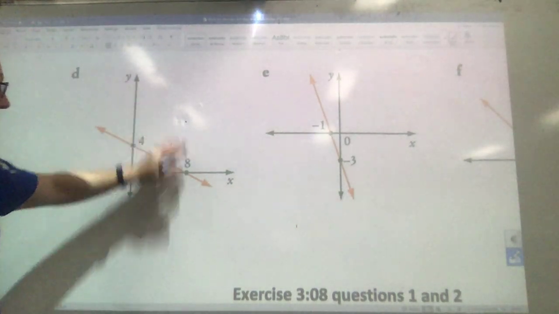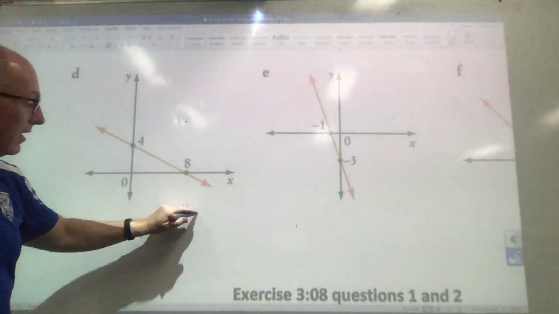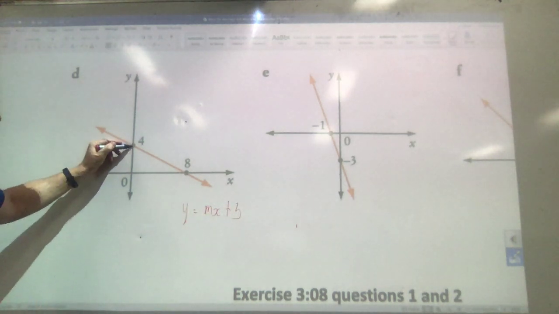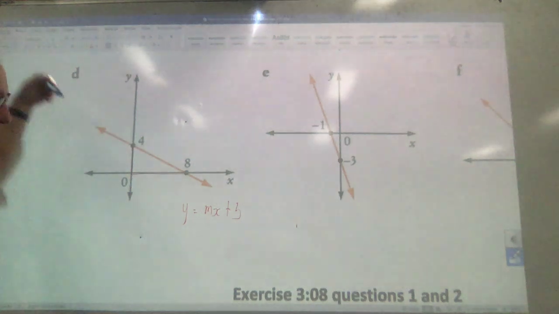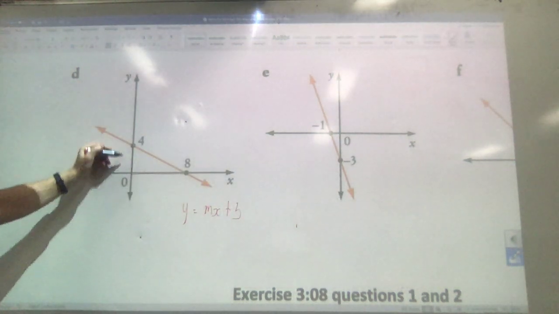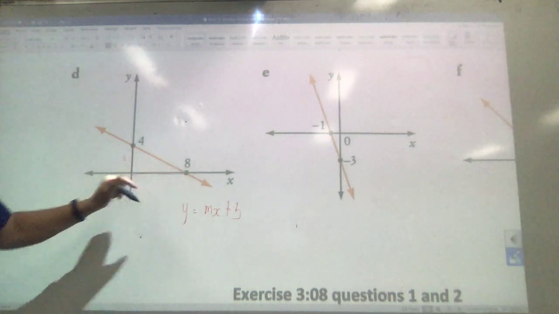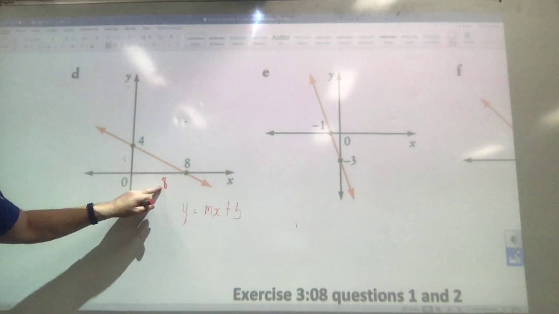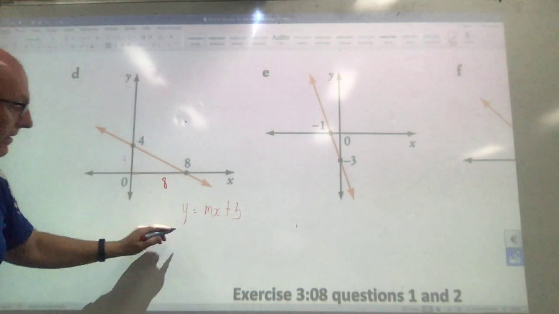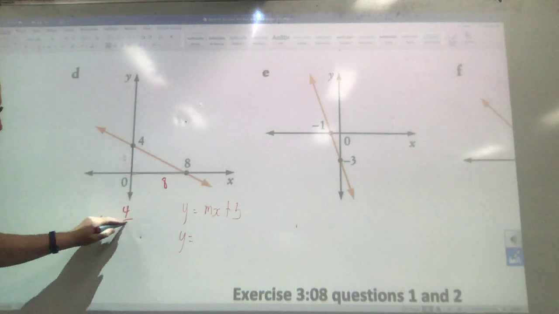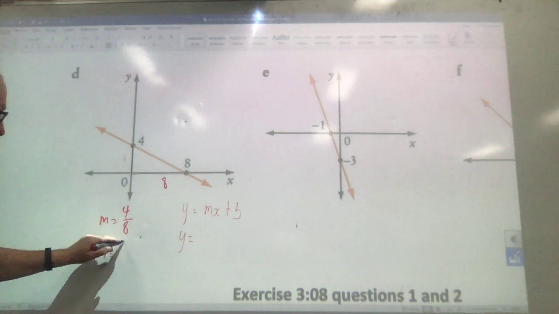Okay, so we want to find the equation of that line there. y equals mx plus b. The gradient we do first. Remember the line is going down, so it will have a negative gradient. Rise over run, so it's gone up 4 and across 8. So 4 over 8 is the same as a half. So gradient is 4 over 8, which equals a half.